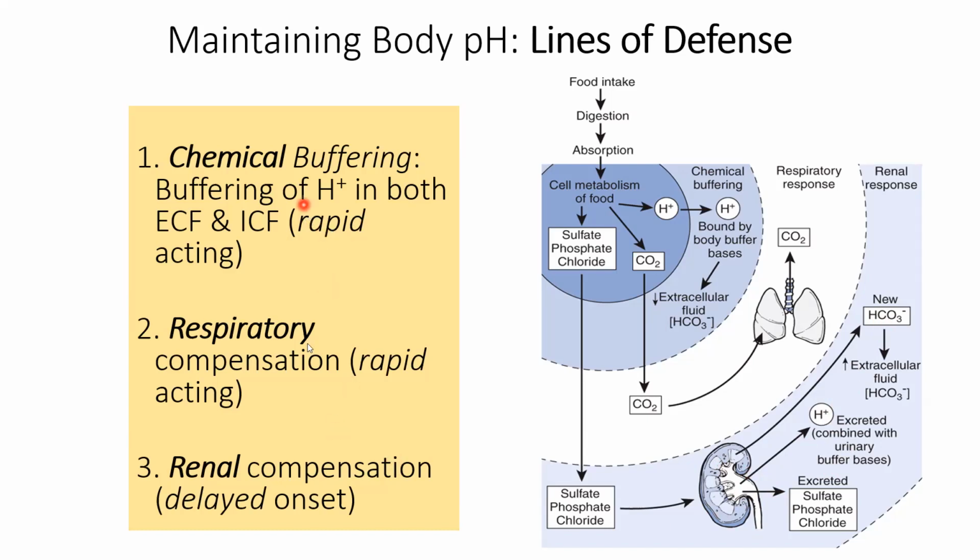So the first two, if you want to create a timeline, are rapid acting, while the renal is delayed onset as usual, but it brings the most notorious ions to their fate. So it does come in late, but it does the most difficult job, as is the case with other processes like blood pressure and ECF volume and so on.